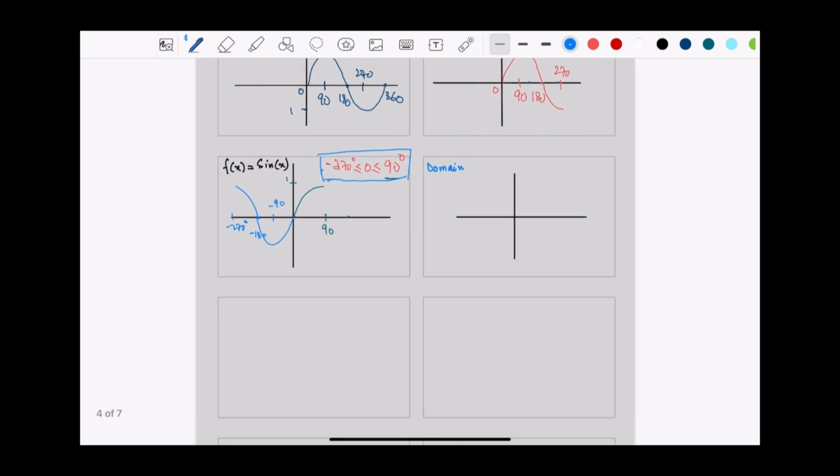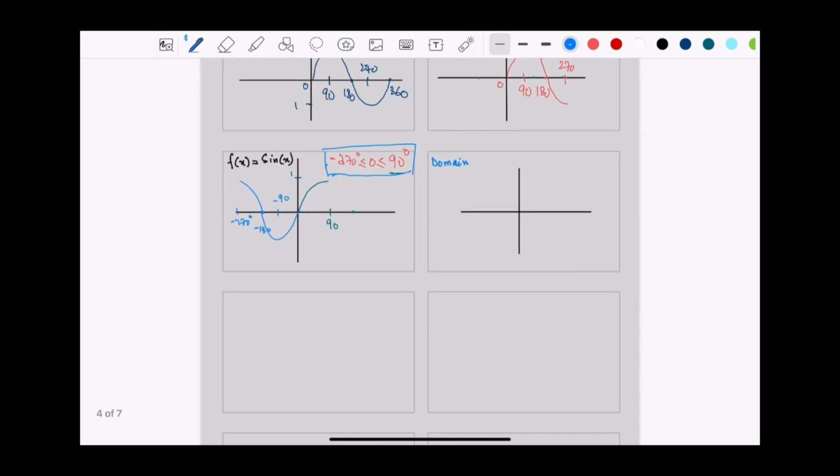So let's say I want you to draw the same y equals sine of x for the domain negative 90 is less than equals to x is less than equals to 90 degrees. You may pause the video and try drawing it yourself. Until then, I'll draw it here. So this is 90 degrees. The graph is going to be like this. This is 1, this is -1.